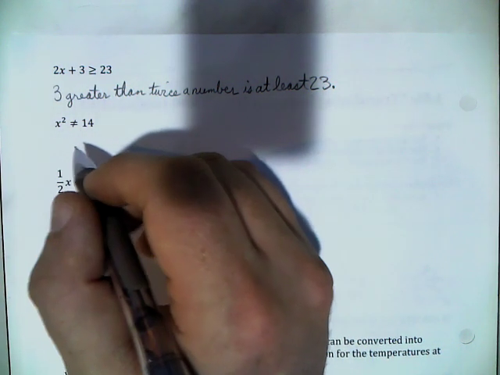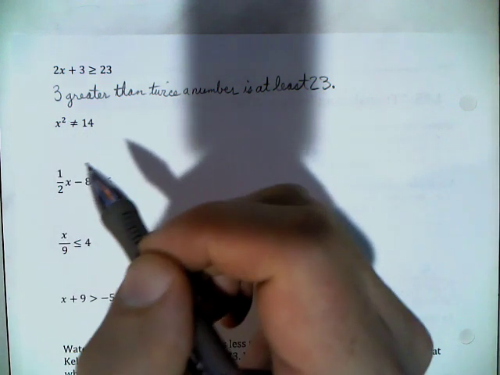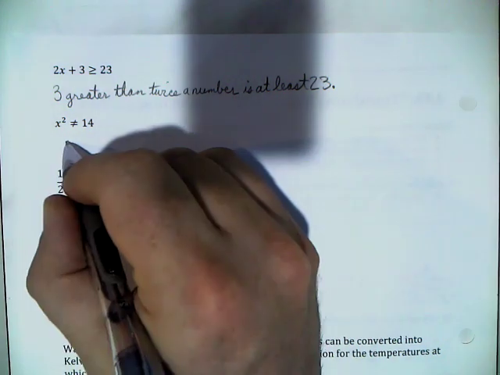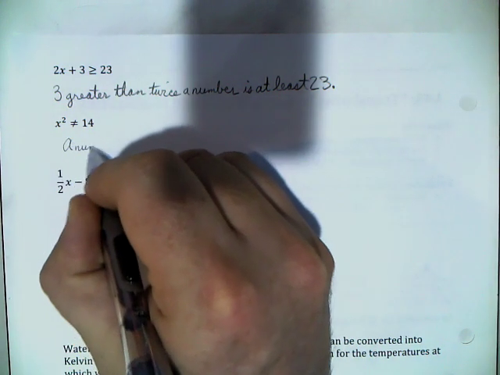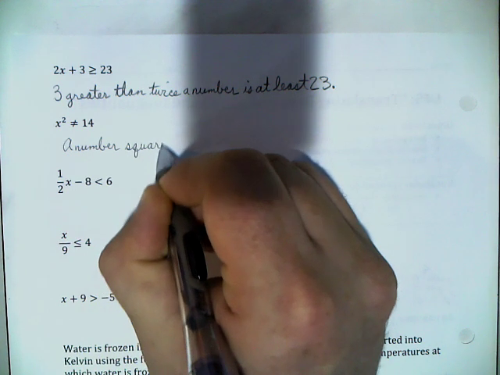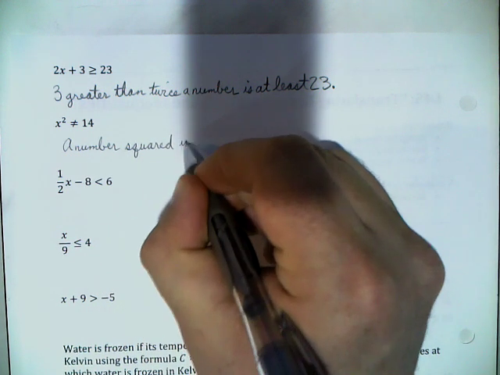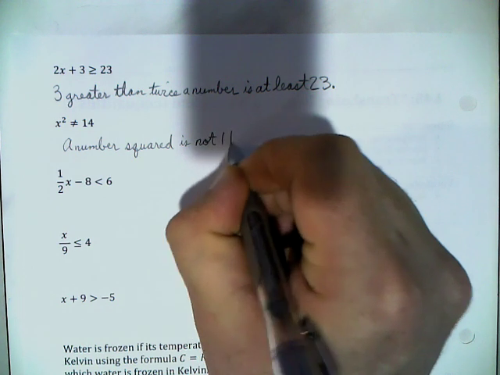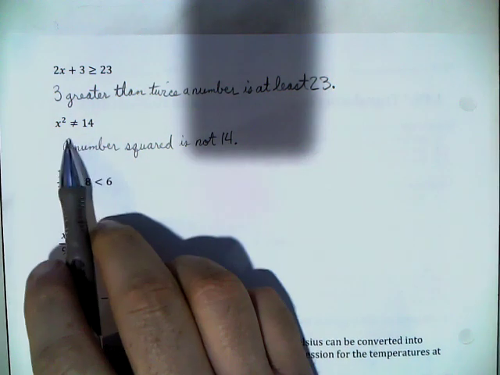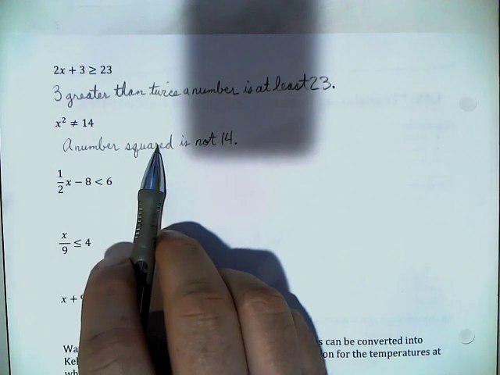Down here, x squared not equal to 14. I would say a number squared is not 14. Now, a word of caution here. One thing that I would not say is I would not say a number times itself.